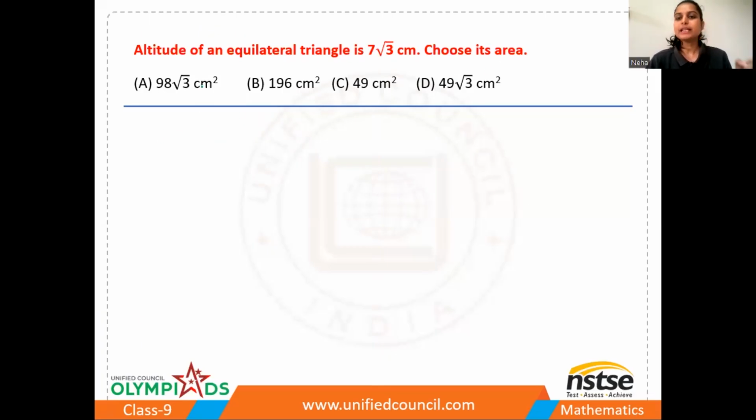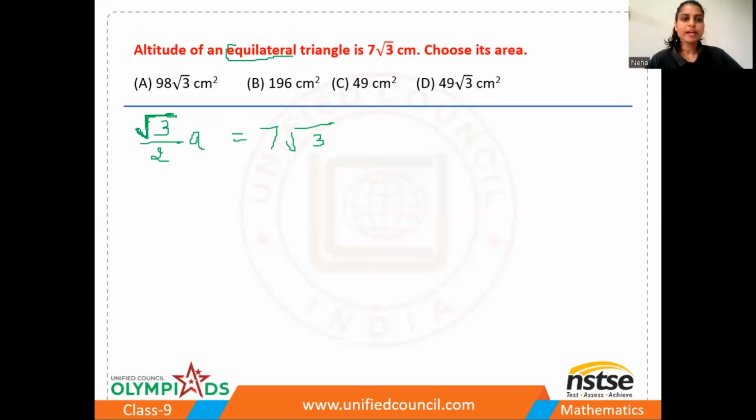Basically the altitude of an equilateral triangle is given, and we know that the altitude of an equilateral triangle is square root of 3 by 2 a. Please try to remember this result directly, because in a competitive exam you get very little time, so there is no time to solve everything in the test paper. Just remember that the altitude of an equilateral triangle is square root of 3 by 2 a, where a is the side of the triangle, because all sides are equal. This is equal to 7 square root of 3.